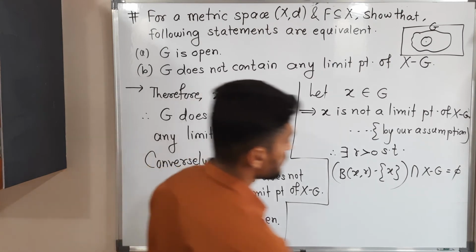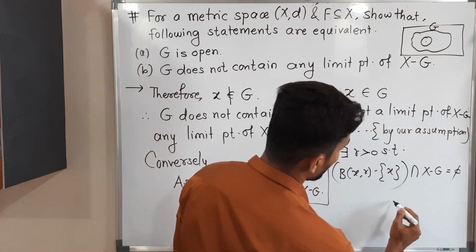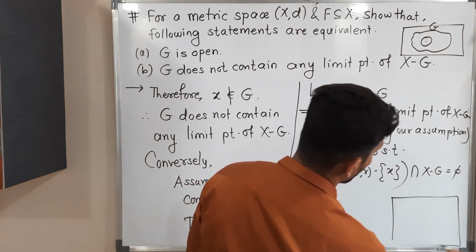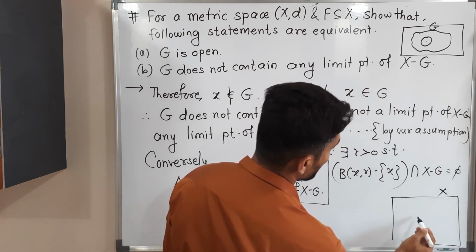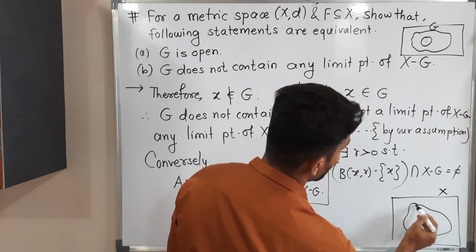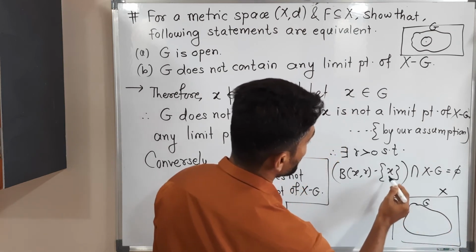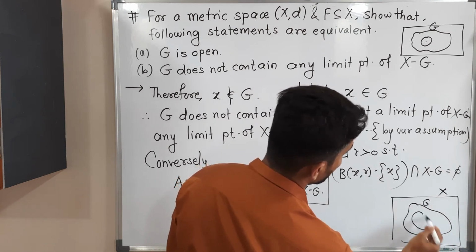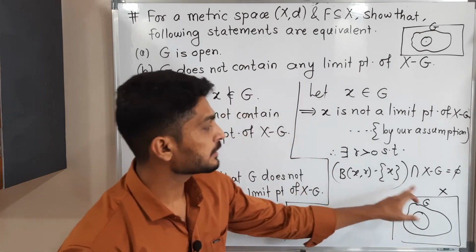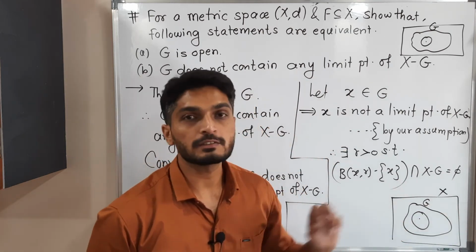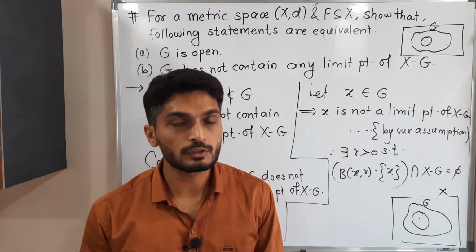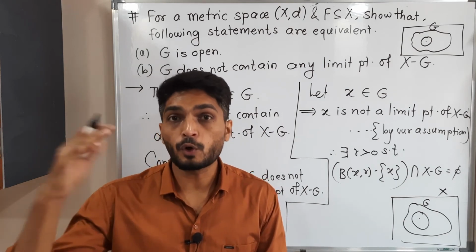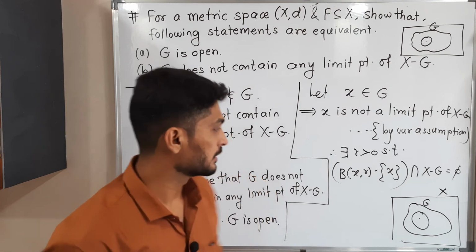See what I want to say, in the diagram I will show you. Suppose this is a metric space X and there is a ball. Suppose this is G, the ball minus singleton x. Its intersection with the complement of G is phi. That means definitely that ball lies inside G, since its intersection with the complement is empty.